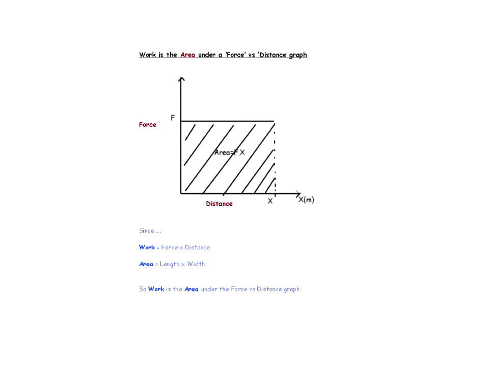Let's talk then at this point about the fact that work is the area under a force versus distance graph. Okay, so this is a force versus distance graph. Force is on one axis of the graph, distance is on the other. Now, why is work the area under the line on the graph?